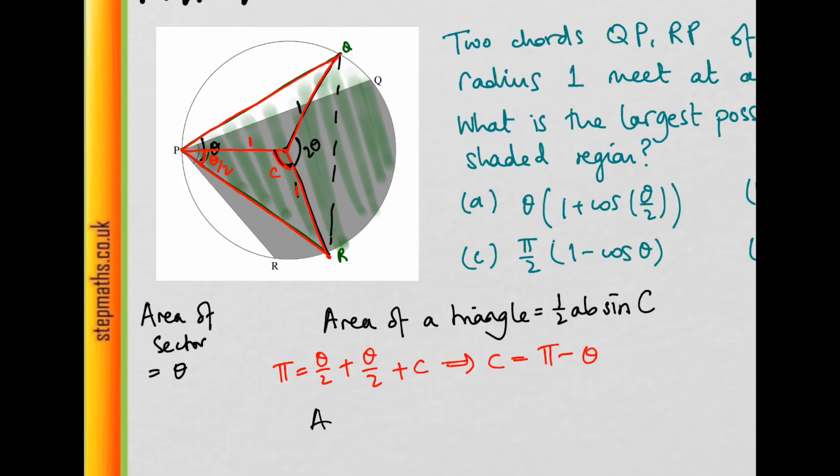And so the area of the triangle is going to be equal to a half times A and B are both 1, so 1 times sine of pi minus theta. And this is a half times sine of pi minus theta, which is the same as sine of theta, so a half sine theta.